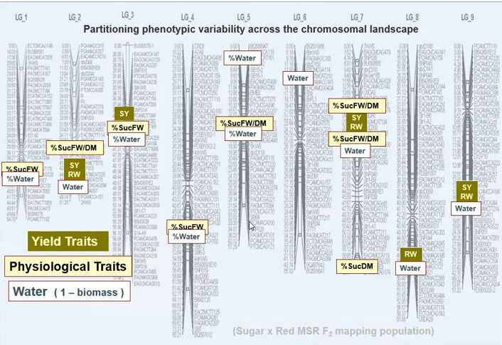So we can start to now think about what's heritable and what's not heritable, and you'd think that would be known for any crop, any trait that you'd be looking at, but it's actually a very simple initial foundational question to ask.